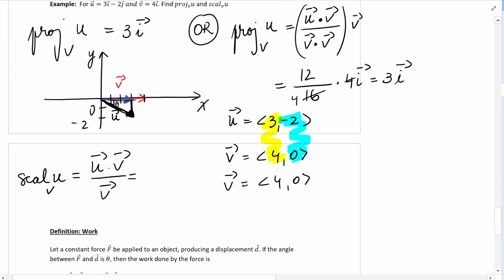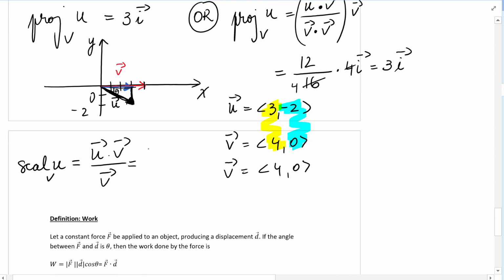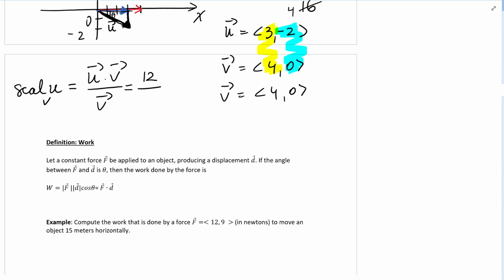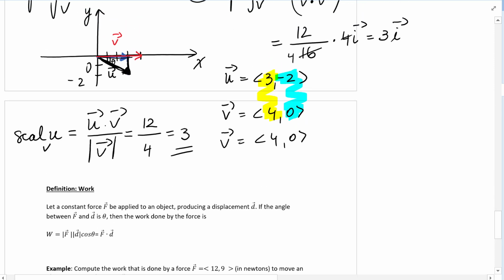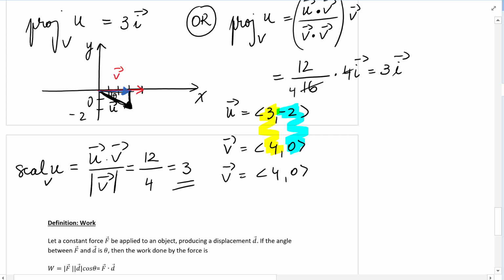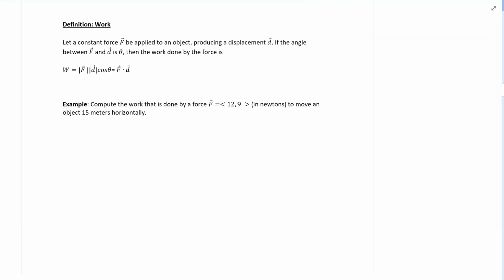U dot v, we found earlier, is 12. And the absolute value of v is 4. So that gives us 3. The scalar of u onto v is just 3. Or we could just calculate the modulus, the absolute value.